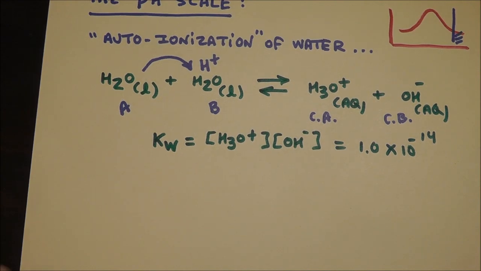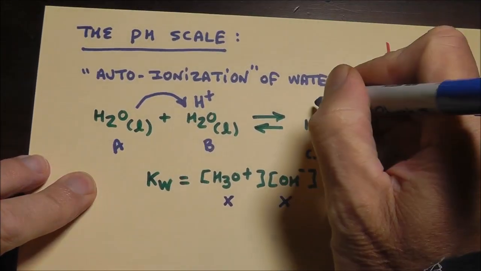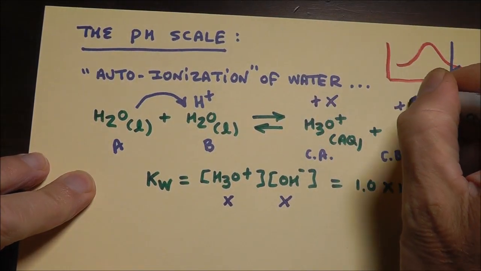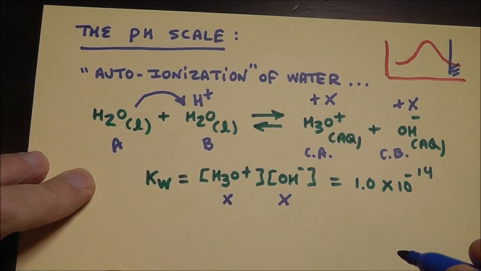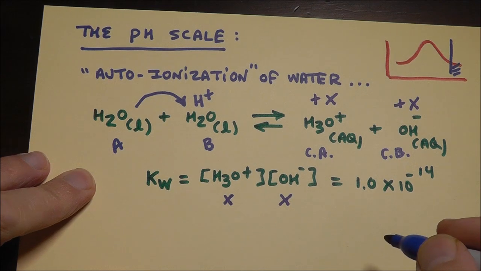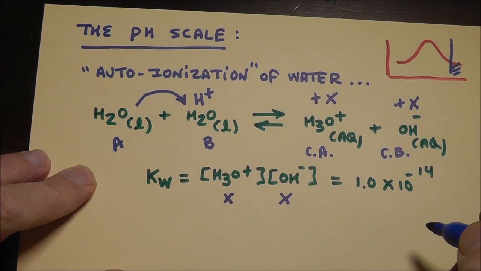Now, if you were to say that this was nothing but water, and you were to say, hey, that would be minus x, but we don't put it into the K, you see that it would end up boiling down to x squared equals 1 times 10 to the minus 14.